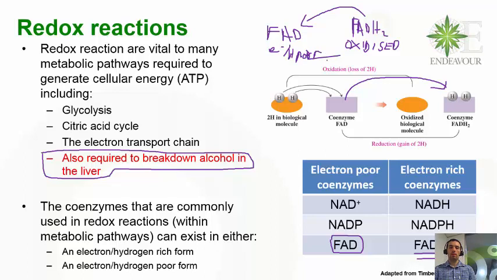The fact that they can exist in these two different forms allows them to participate in lots of different redox reactions and interact with important biological molecules to facilitate processes. Again, we'll see details of more of these reactions when we get into the metabolism session, but we will be having quite an in-depth look at how these redox reactions are going to be able to assist in the breakdown of alcohol in the liver.